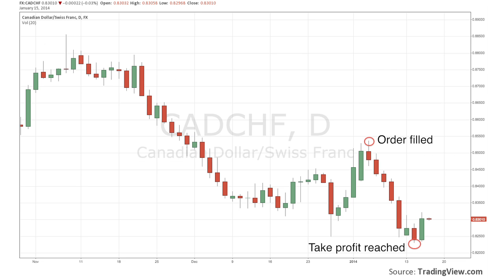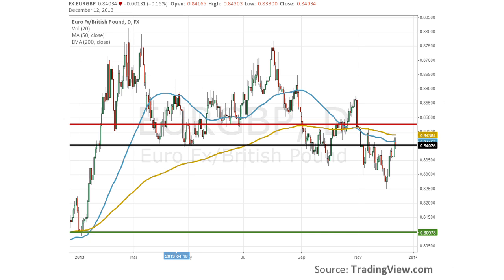And we can see that later on in the same day of Simit's order, price reached his sell stop level at 0.85341 before dropping almost exactly to the target level of 0.823333. And this second trade is an inside bar style order placed on the Euro British Pound pair on December 12th.